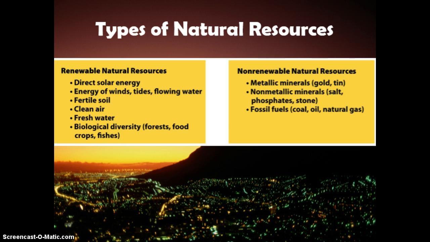Non-renewable resources would be things that take millions of years to produce, or we just can't get on our own. So things like minerals, salts, fossil fuels are our biggest type of non-renewable resource that we want to be focused on. So humans need to be really mindful of using these non-renewable resources because we cannot replicate them in our lifetime. We can't make more.